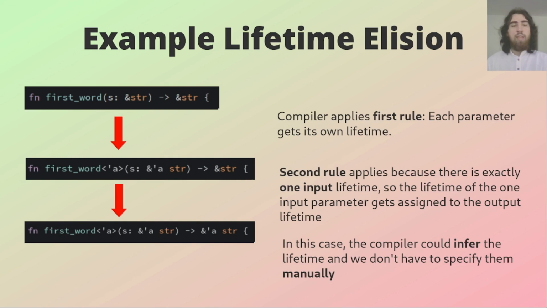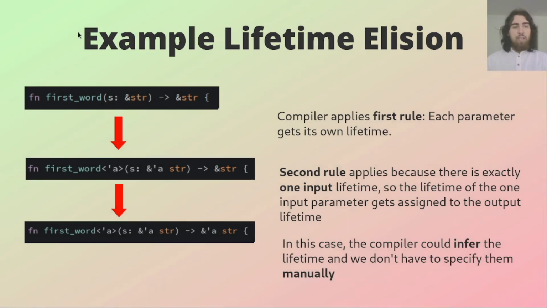So let's see an example. Before we see the example, as you can see, lifetime elision makes writing Rust much easier. Until this point, we didn't worry or care about lifetimes, because most of the time the compiler just inferred them, so we didn't have to worry.